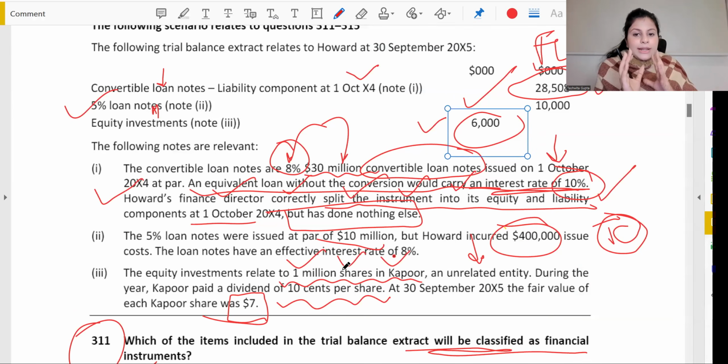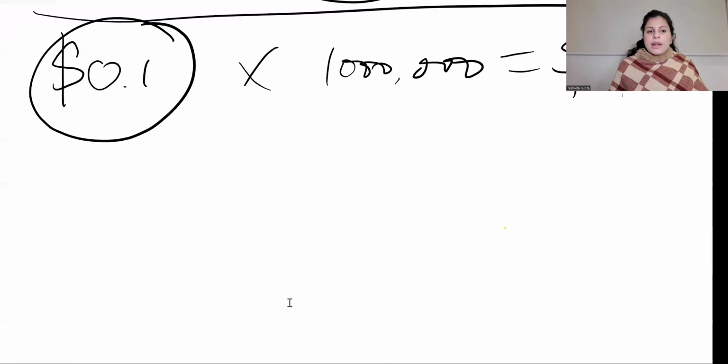So my opening value was 6,000, versus now at the end it is 7,000 because the share price is 7. So what's the gain that I've made? I made a gain of 1 million.